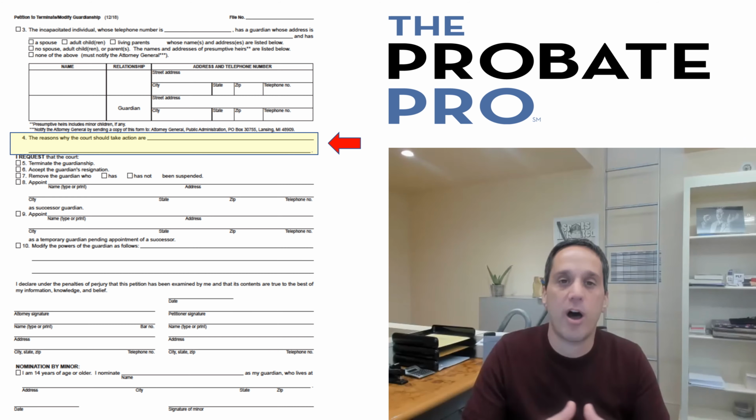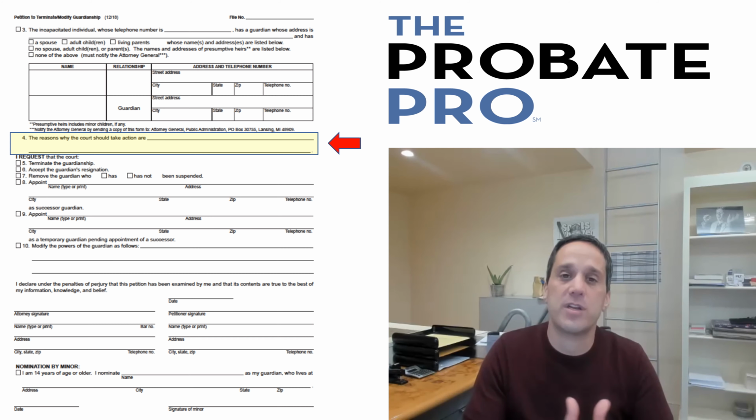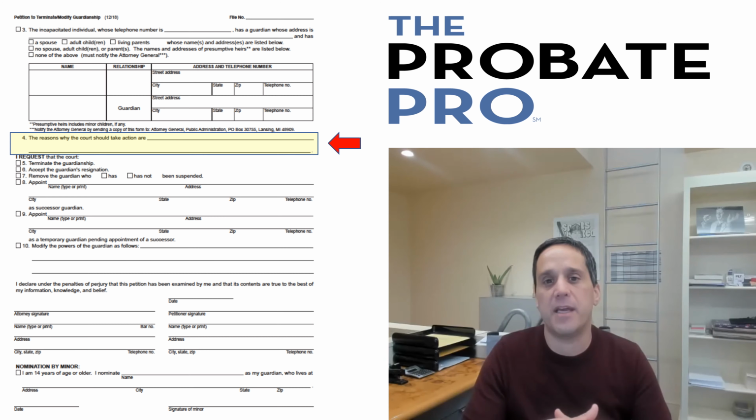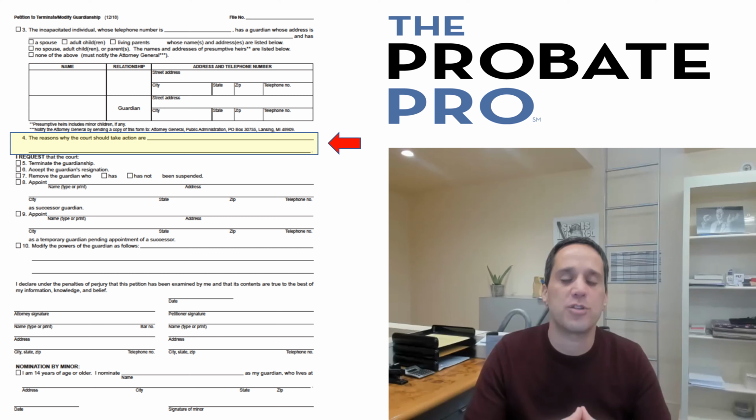Now, here is often where people fail to come to court with sufficient evidence to terminate. When a court has made a determination that there's a need for guardianship based on a neuropsych report or medical providers, we really urge people to seek an opinion from a physician to support the petition to terminate.